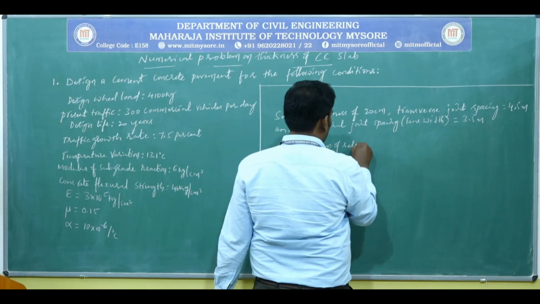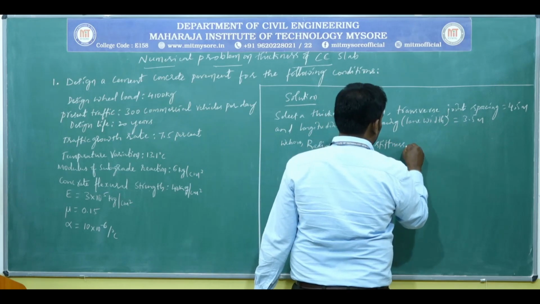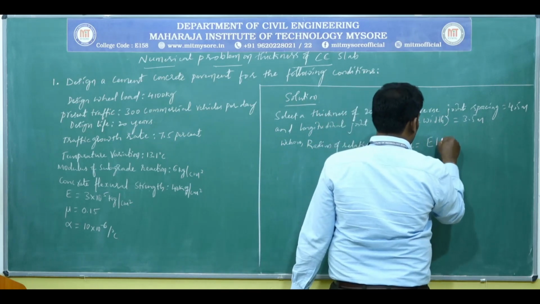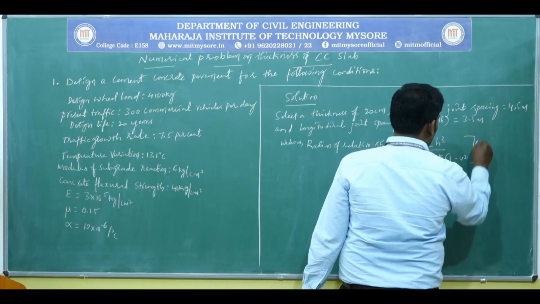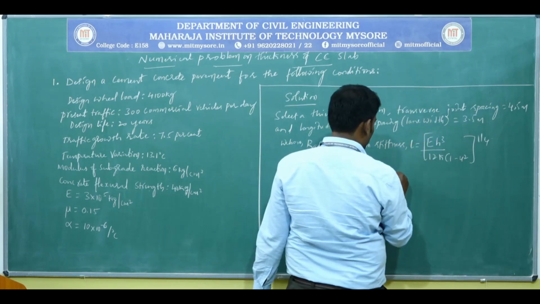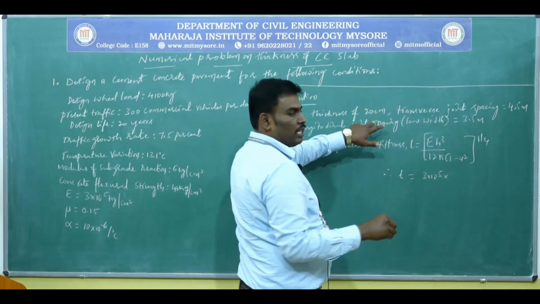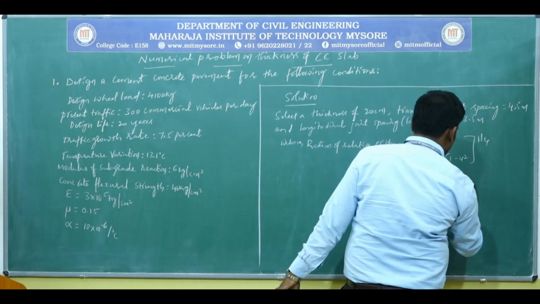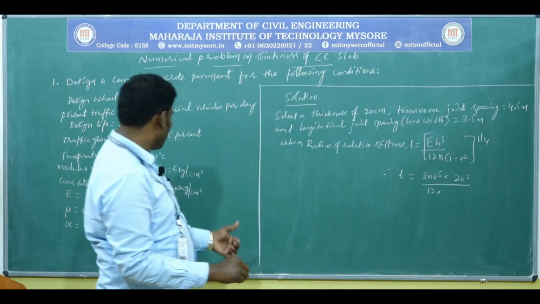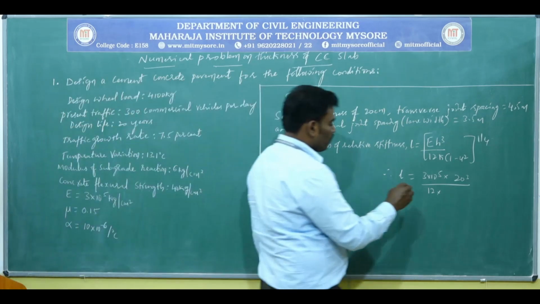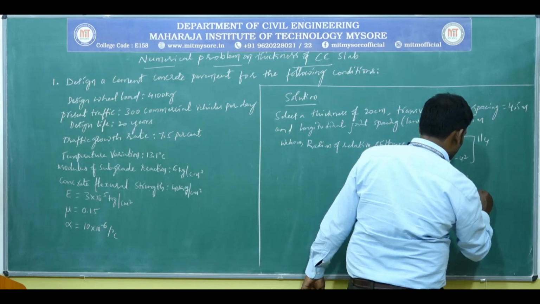Radius of relative stiffness l is equal to [E h cube / 12 K (1 minus mu square)] to the power of 1 by 4. Therefore, l is equal to E is 3 into 10 power 5, h is whatever the thickness you have selected, that is 20 centimeter, 20 cube, divided by 12 K, K value, the modulus of subgrade reaction, they have given, it is 6 kg per centimeter cube, 6 multiplied by 1 minus mu square, mu is 0.15.